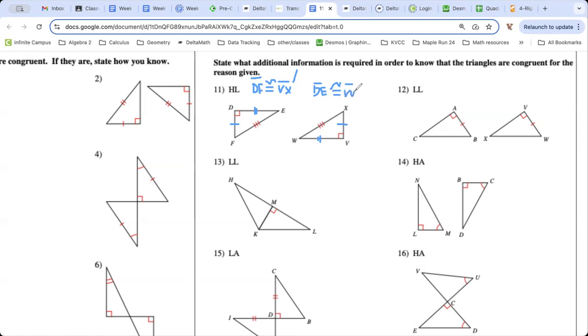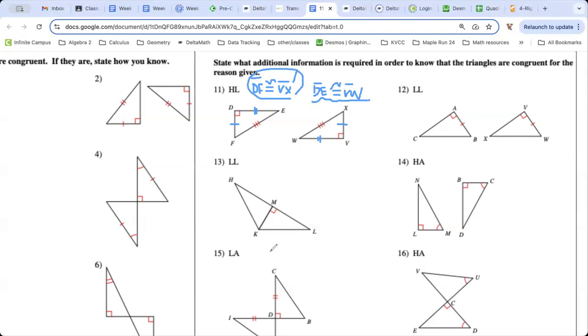So if you put up either this one or this one, you would meet the HL criteria. If that happens for a pair of right triangles, you have proved they are congruent. Okay. All right, very good.